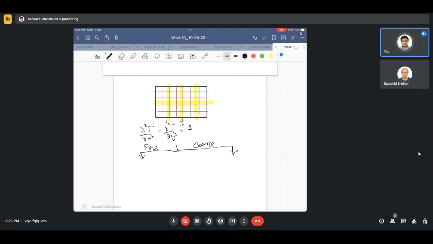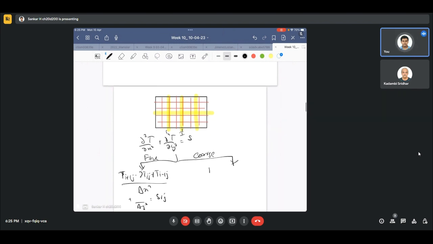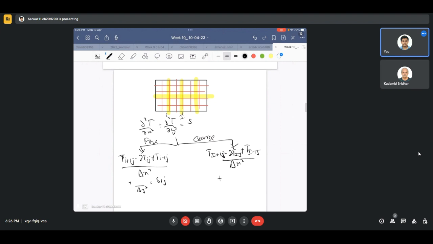These two are differentiated in two different manners: T i plus 1 j minus 2 Tij plus T i minus 1 j by delta x square plus the same for y by delta y square is equal to Sij, whereas here we use T capital I plus 1 J minus 2 T capital I J plus T capital I minus 1 J by capital delta x square plus the same in y by capital delta y square equal to S capital I capital J.